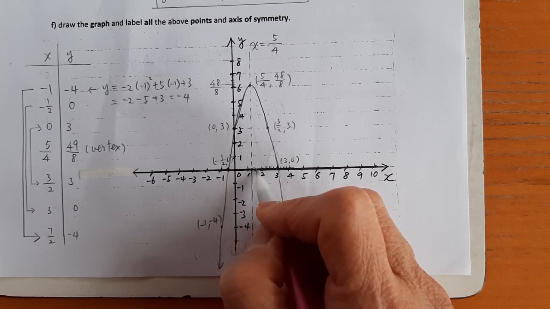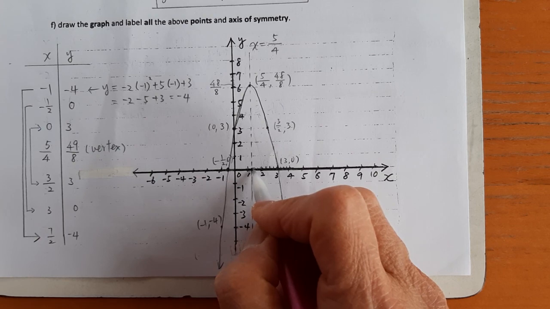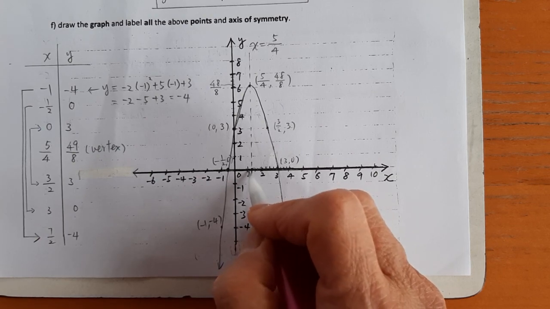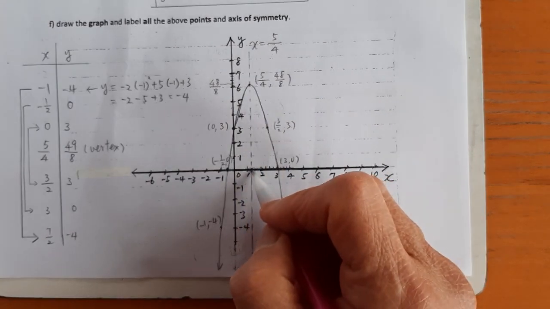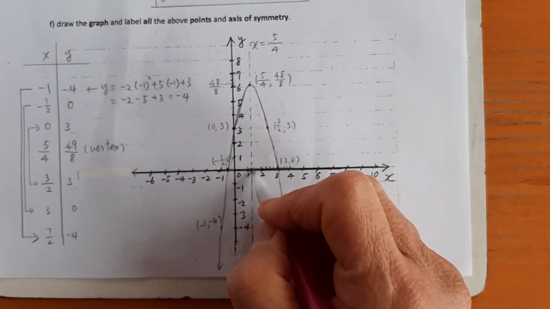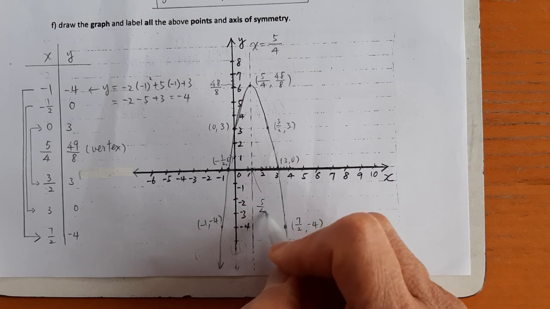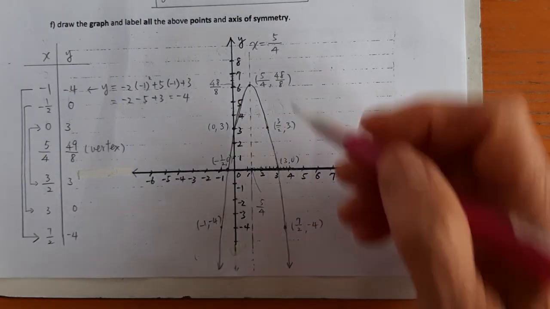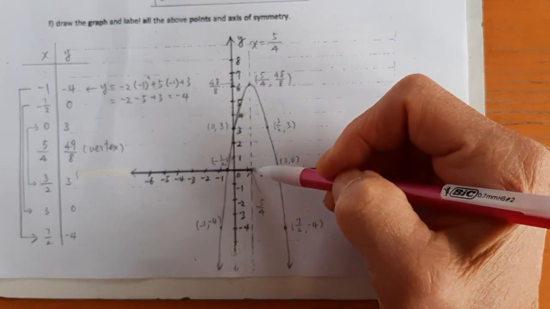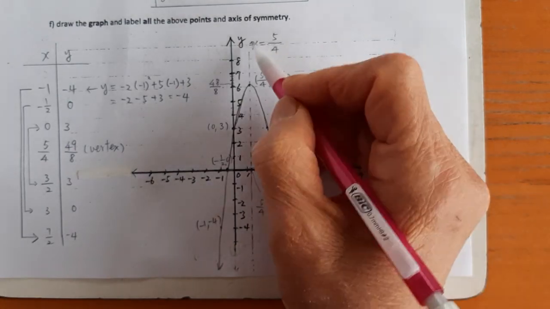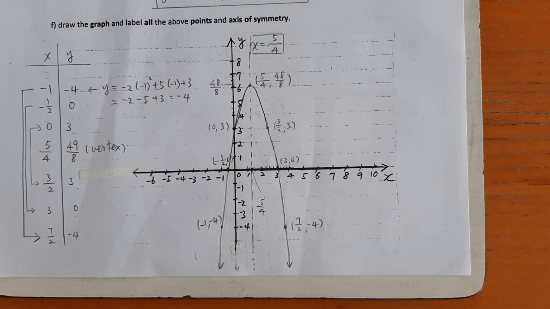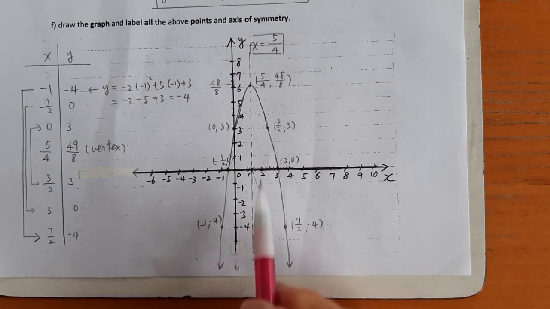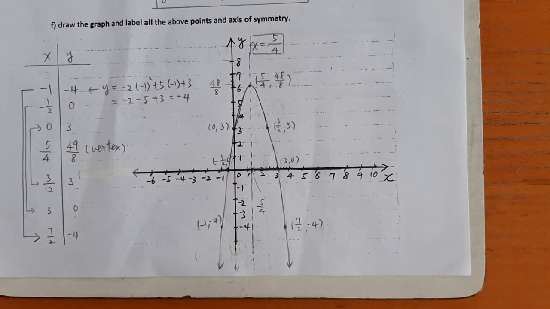The first one is 1 add 1/4, so it's 1 and 1/4, which is 5 over 4. Then draw a vertical line through this 5 over 4. That is x equals 5 over 4, the axis of symmetry. The graph is symmetric about this vertical line.